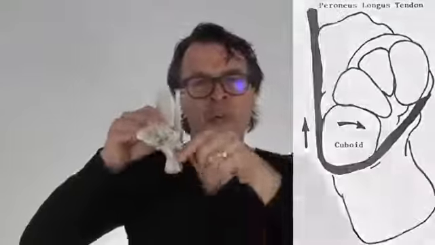The tendon hooks around this way and it pulls on the cuboid while it's unstable, and it'll tend to move like this, generally in an everted direction, meaning in the frontal plane, the plantar surface of the cuboid faces away from the midline. Make sense? If my fist is the cuboid, it moves like this.